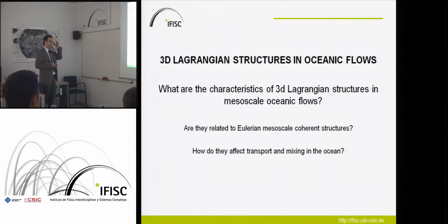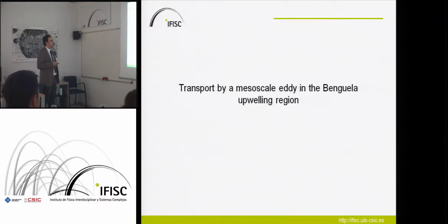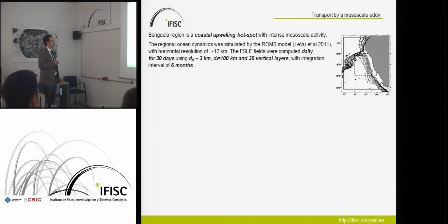And this is because of our notion that Lagrangian coherent structures should be related to the transport and mixing of the fluid material. So our first study was in the Benguela upwelling region, which is a very well-known coastal upwelling, as I showed in the introduction, and it also has intense mesoscale activity.